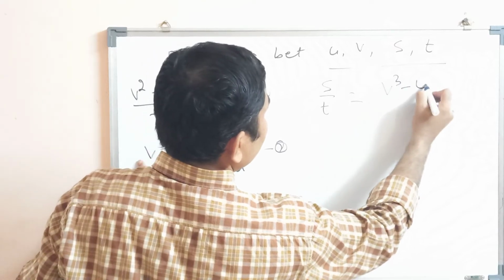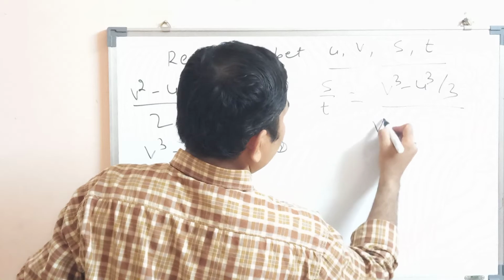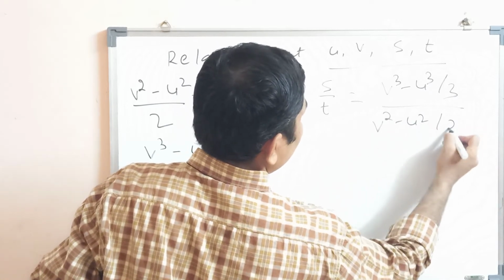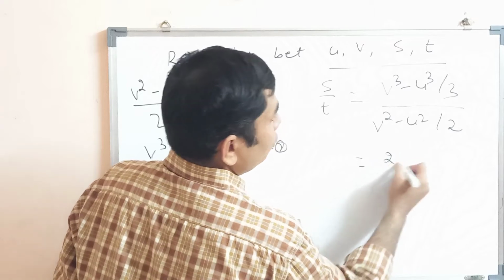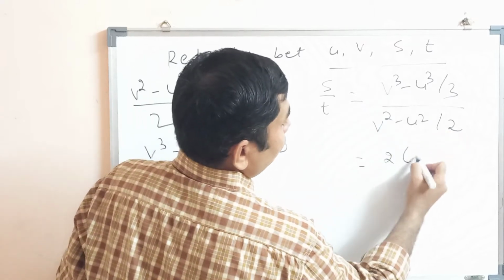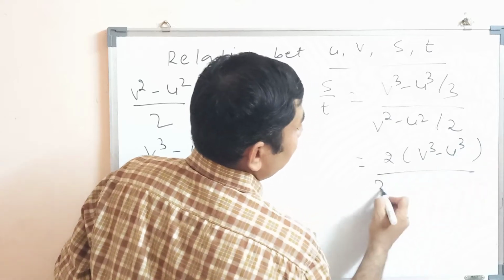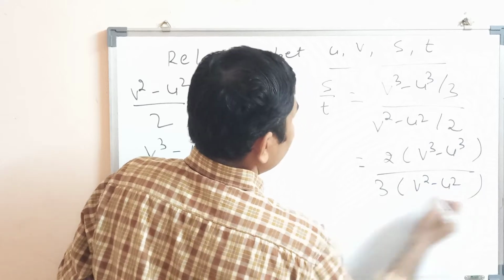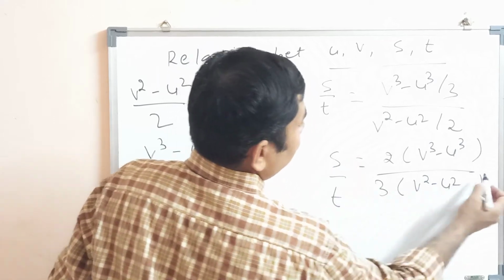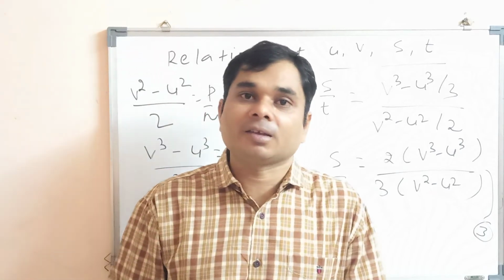V cube minus U cube upon 3, this one, by V square minus U square upon 2. So therefore this is equal to 2 into v cubed minus u cubed upon 3 by v square minus u square. So this is the relation that involves all the quantities, that is u, v, s and t.